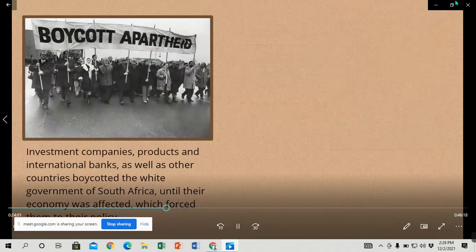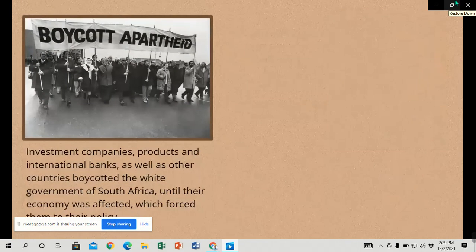All of the companies and international banks related to South Africa, knowing about this issue, also took action. So they boycotted, they imposed sanctions, and they cut off ties or any relationship related to South Africa.